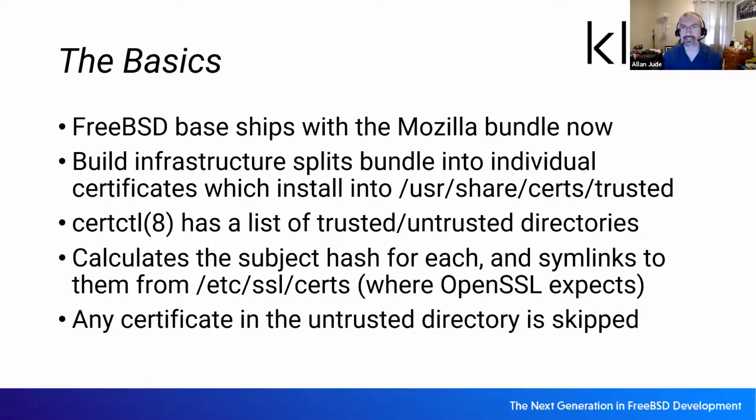Yeah, the idea there is that when you go to fetch something from GitHub and it gets the certificate from GitHub and it says it was issued by this certificate authority, OpenSSL wouldn't be able to guess what the file name of that would be, but by basically taking the hash of the subject of that certificate and looking for a file with that name, it's able to find wherever we happen to have put that certificate.